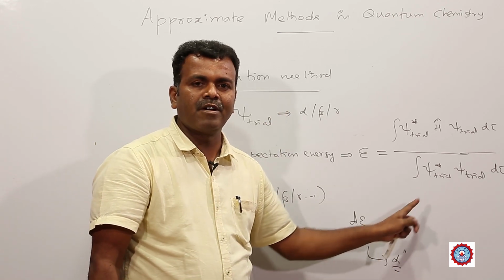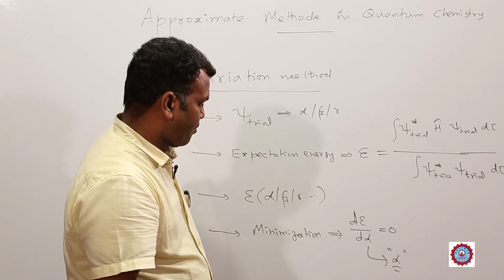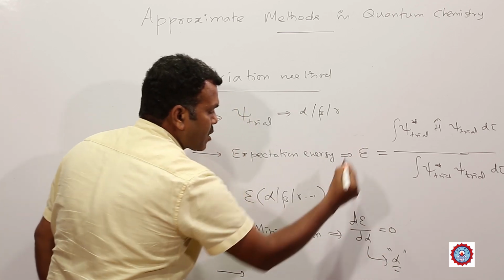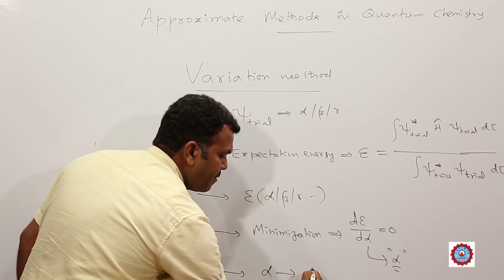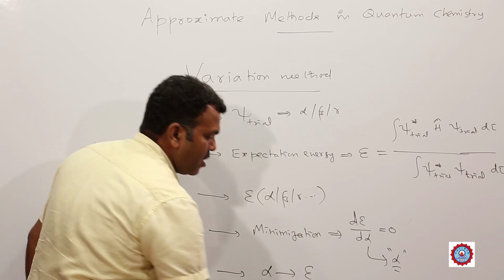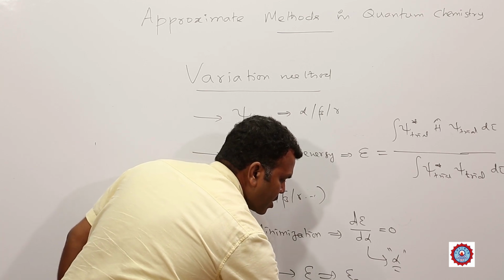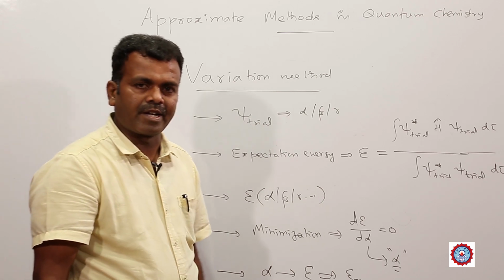For that value of alpha, we will get the minimum possible energy for the system. Now, what do we have to do? Substitute that value of alpha in the expectation energy formula, and you will get the expectation energy or the ground state energy, which is calculated using the variation technique.